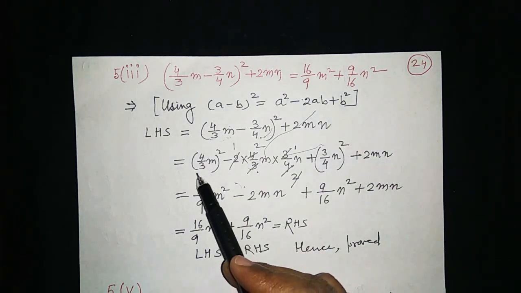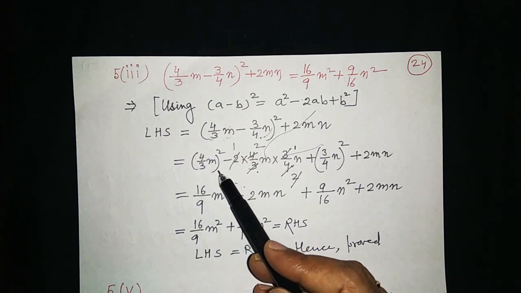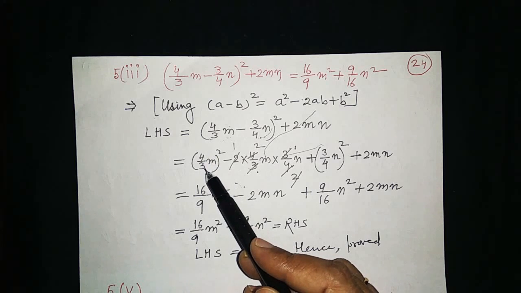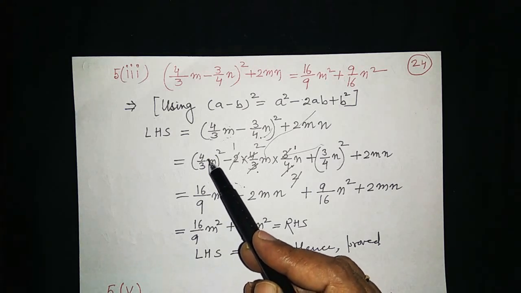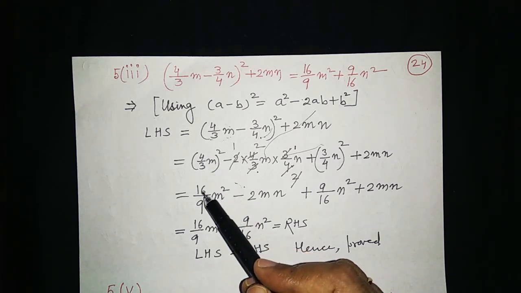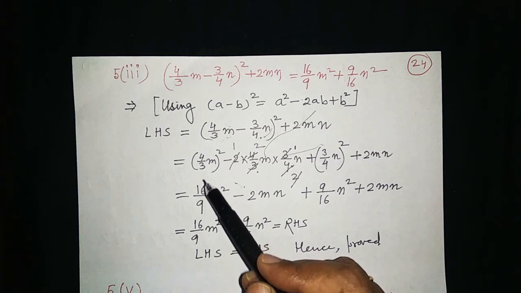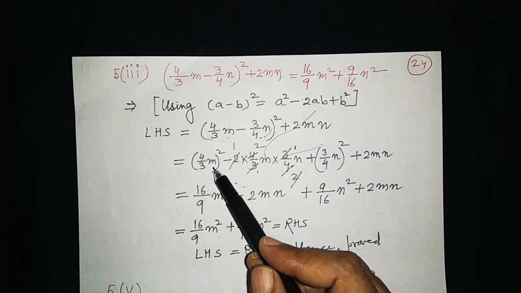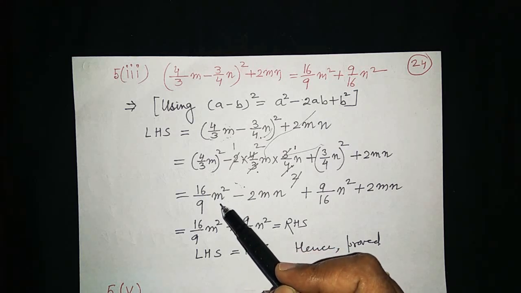Now when you solve (4 by 3m)², what will come? 4 square upon 3 square. So for 4 square you can write 16, and for 3 square you can write 9, and this m square you will write.